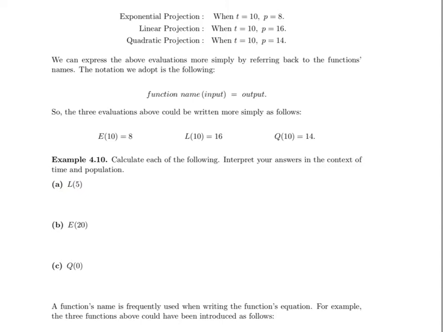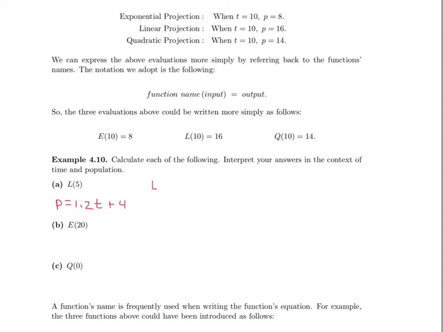Just recall, the L function was the linear function, and I'll rewrite that equation. It was p equals 1.2 t plus 4. So when we are asked to calculate L at 5, we're being asked to calculate the output of this function when the input t is 5.